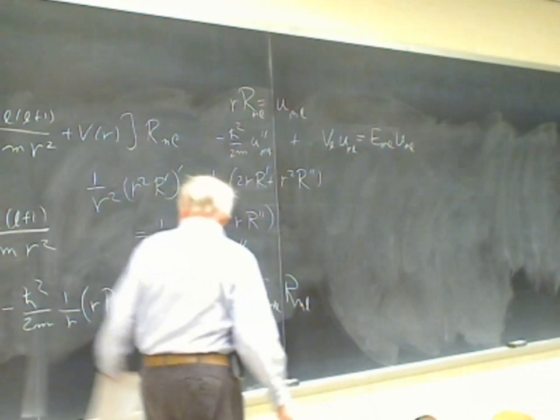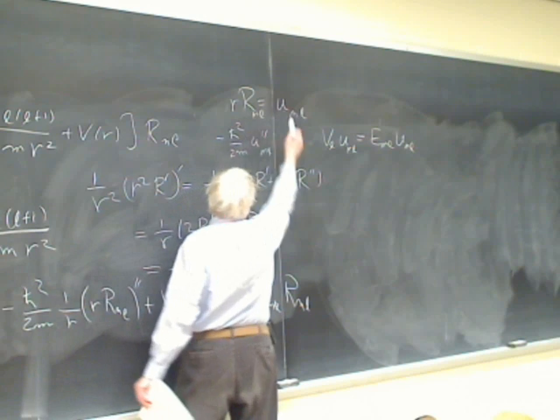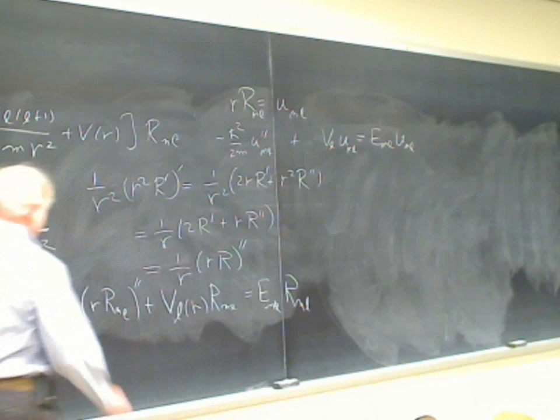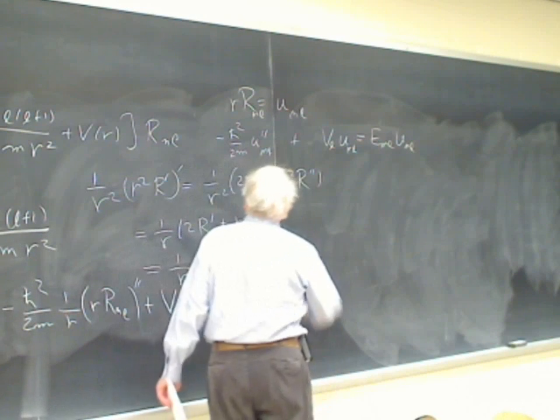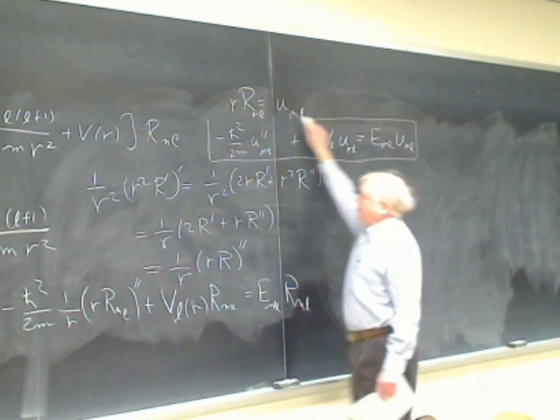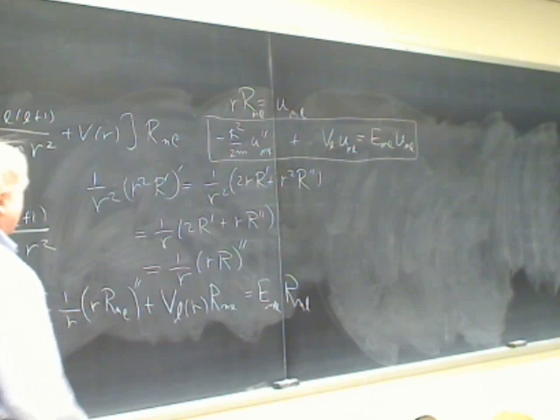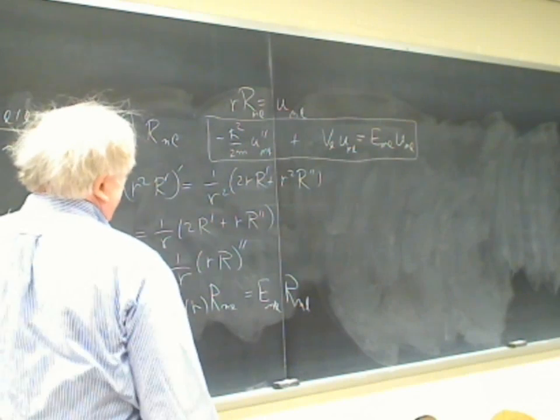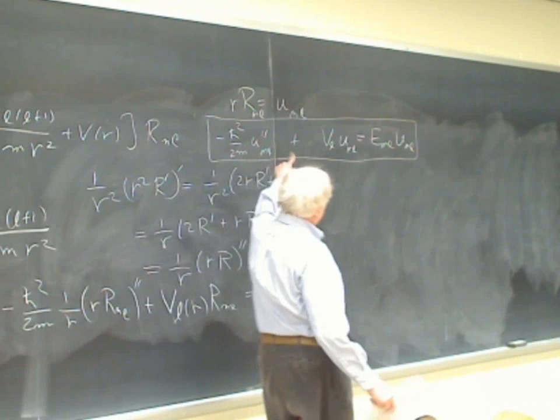So in other words, multiplying through by R and identifying R, big R, as U, you get a simpler differential equation. And this is the one that one actually solves when one is serious. And that looks much nicer. Now it really does look like a particle in one dimension.